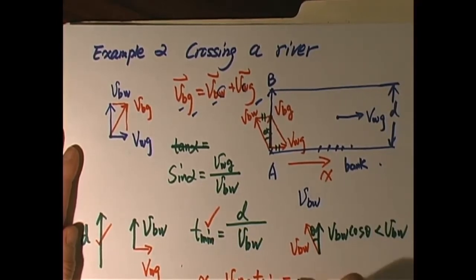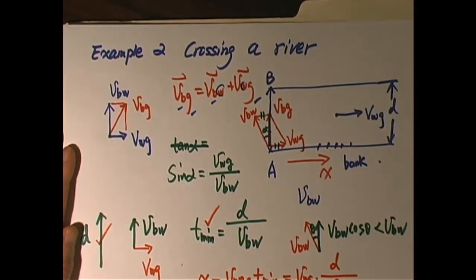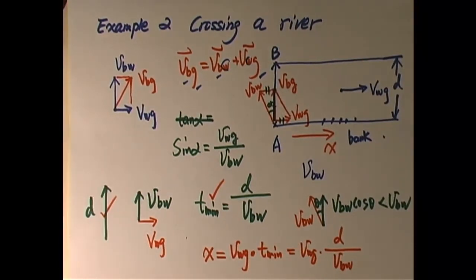So that is V water to the ground times that minimum time. That is x, how many meters down the stream the water will carry the boat.